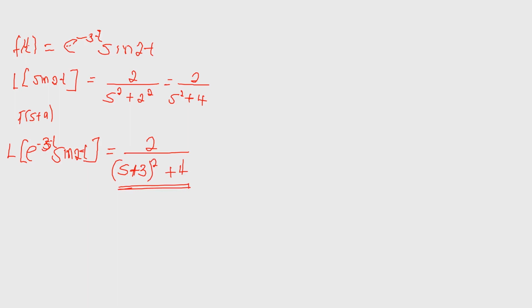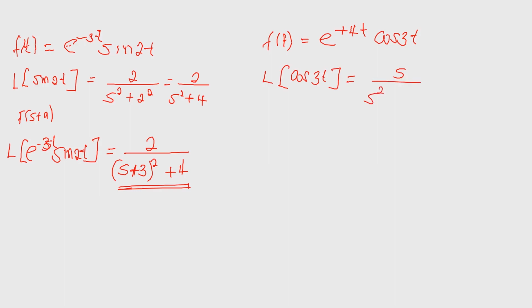Let's take another example so that you understand. Let's say f(t) is equal to e raised to the power of 4t cos 3t. First of all, you need to find the Laplace transform of cos 3t. It is s over s squared plus 3 squared, which is s over s squared plus 9.